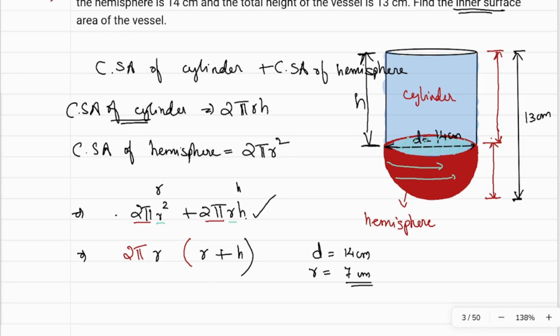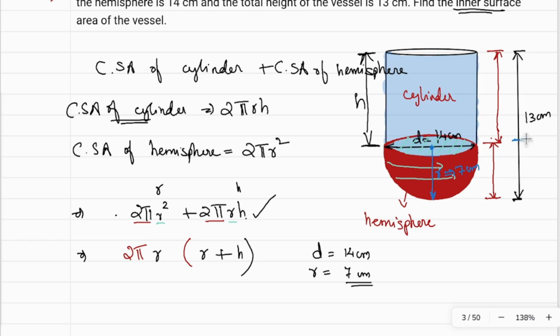We know that total height of this vessel is 13 centimeter. And the bottom portion is hemispherical in shape. So from the center towards this region, it is a radius, right? So this is our radius. What's the radius value? It is 7 centimeter, right?